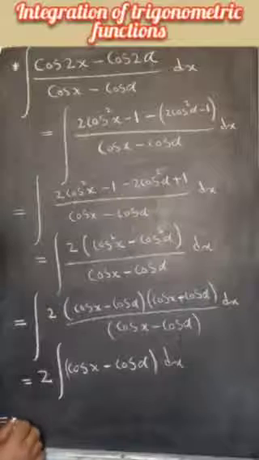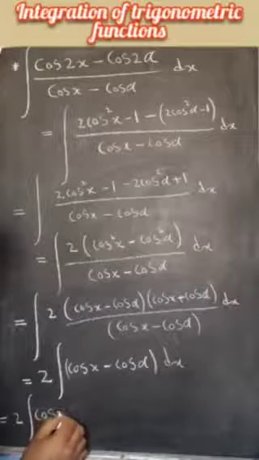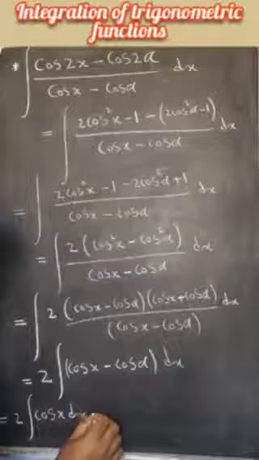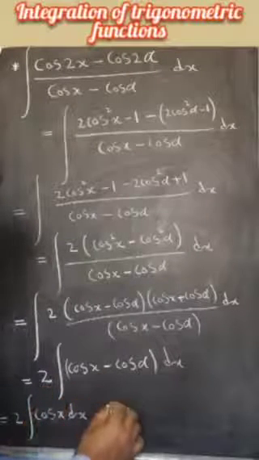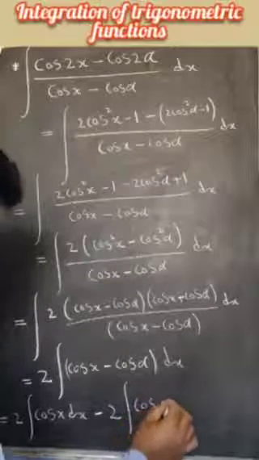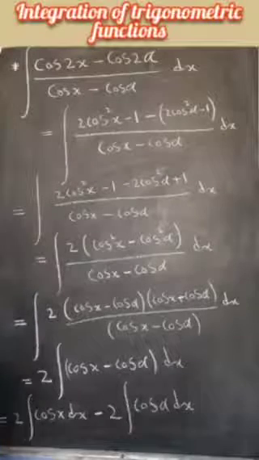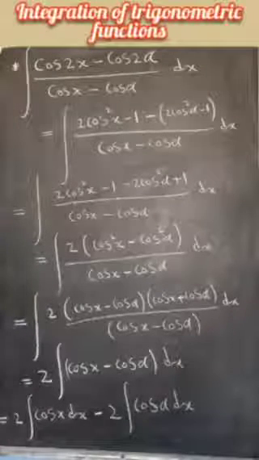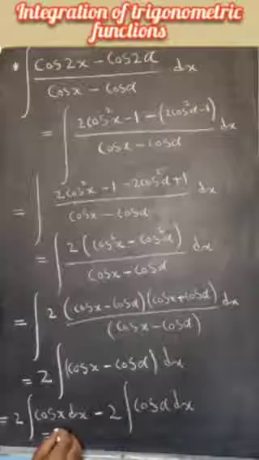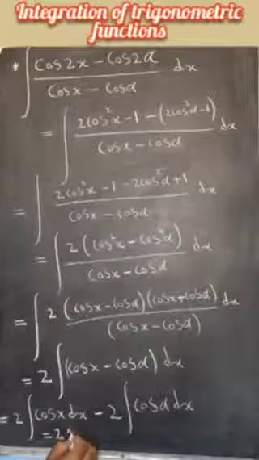which is further equal to twice integral of cosine of x dx minus 2 times integral of cosine of alpha dx. Now here, 2 times integration of cosine of x is sine of x.